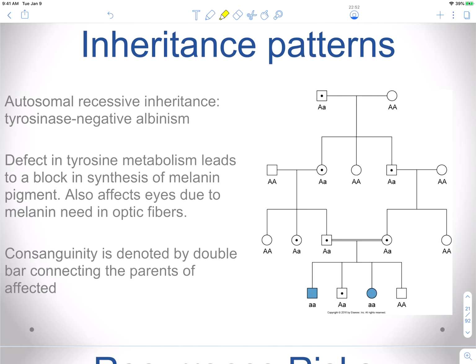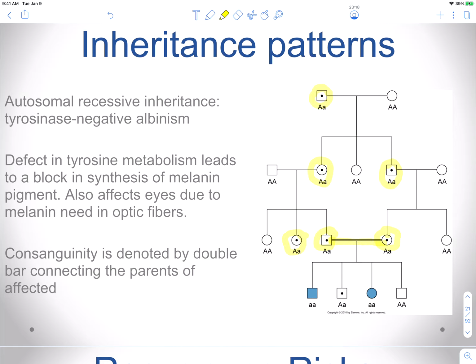So here is an autosomal recessive inheritance pattern of albinism. And so you can see here that we have a male up here who is a carrier. And the male passed on his gene to a female and another male. And the female passed on her gene to her offspring. The male passed on his gene to his offspring.